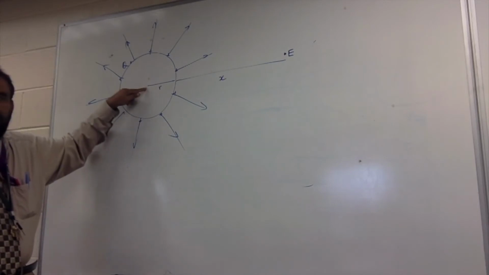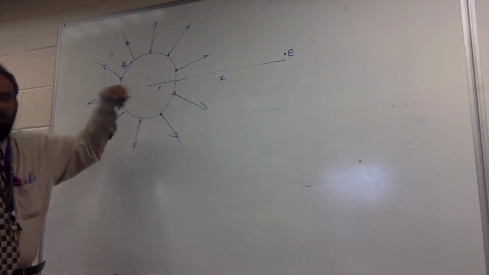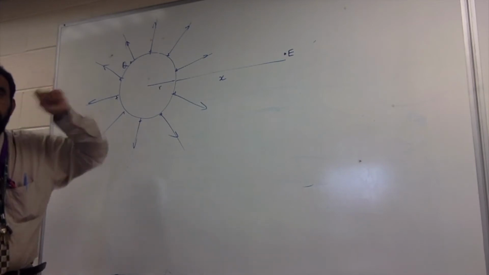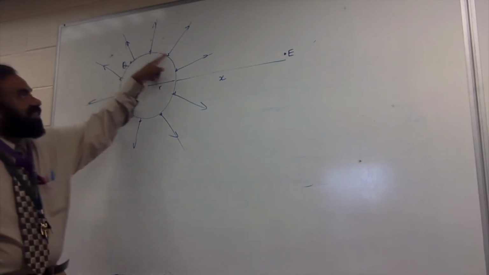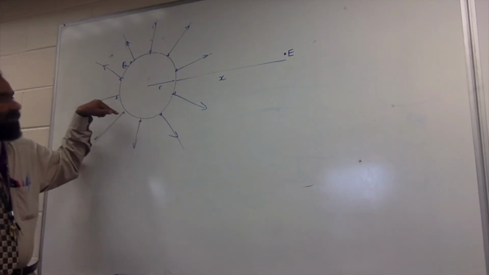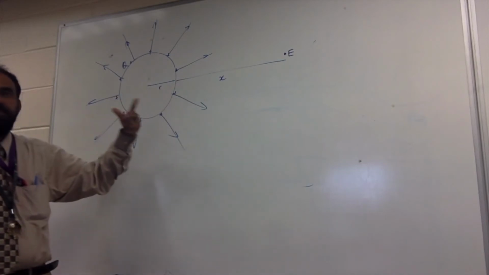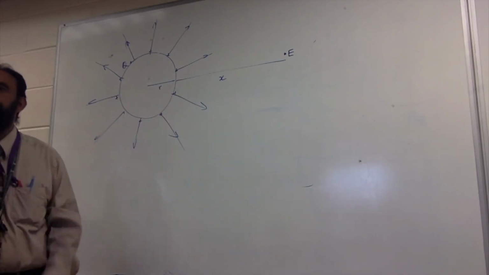So if it is concentrated right here, are the field lines going to be differently shaped? It will be identical, right? So whether the charges are sitting on the sphere, or if all the charges are sitting in the center, these field lines are going to be exactly the same shape.